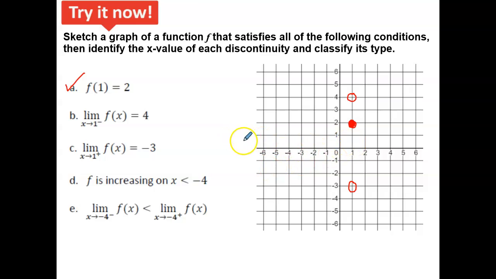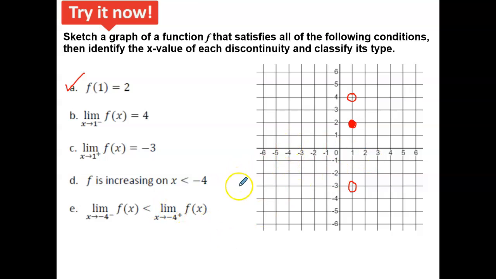So coming from the left toward negative 4, I need a different and smaller y value than coming at negative 4 from the right side. It doesn't say what values I pick. I can pick anything I want as long as the left is smaller than the right.